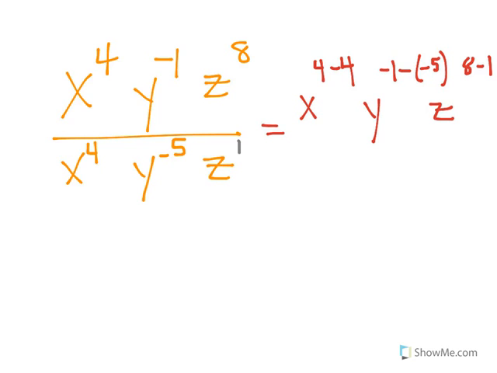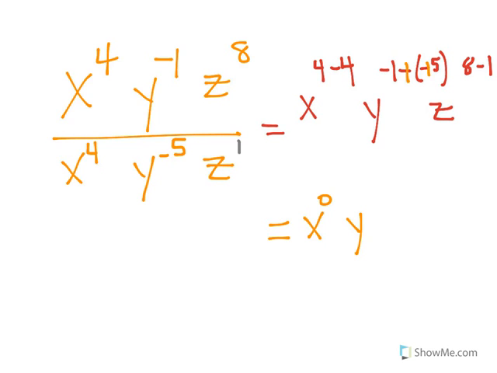So now if we go ahead and simplify those subtraction statements up in the exponents, it becomes x to the 0, y to the negative 1 minus a minus, that's saying plus.